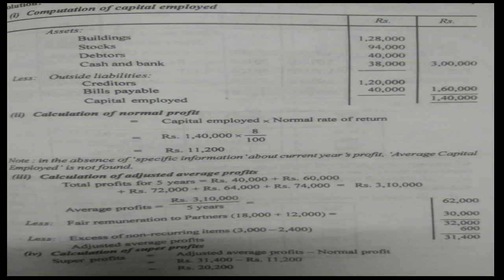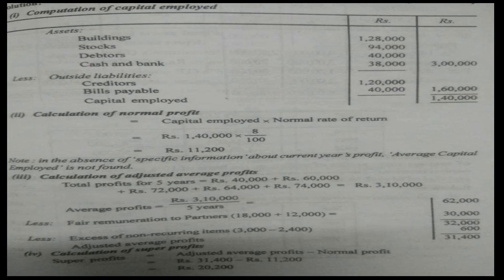Then your excess non-recurring income: 3,000 is non-recurring, but out of that, 2,400 seems to have a tendency of appearing regularly. So only 600 is non-recurring, so that is eliminated. Therefore 31,400 will be the average profit. Normal profit we already found is 11,200. The difference between these two is 20,200.